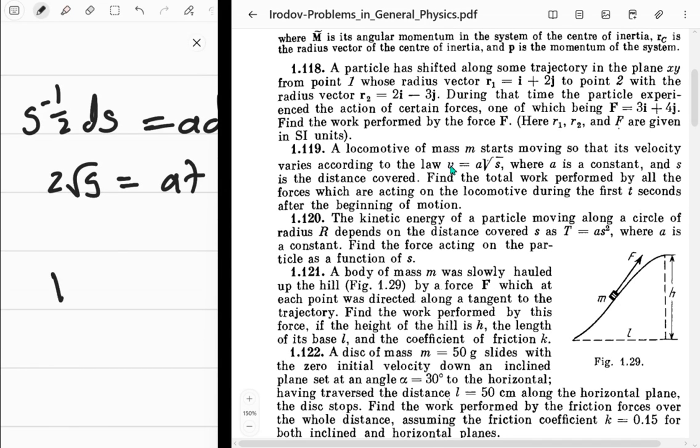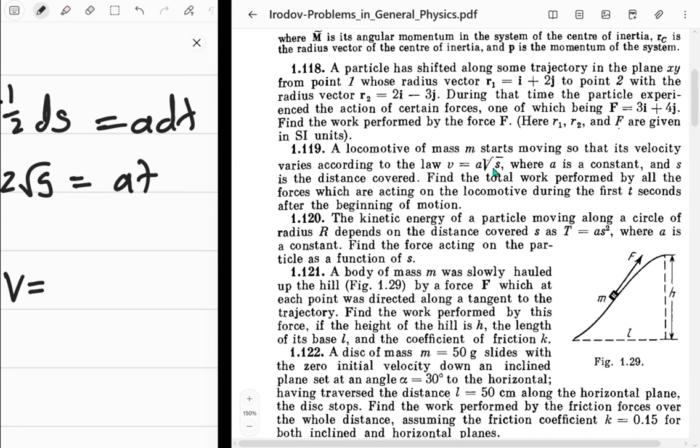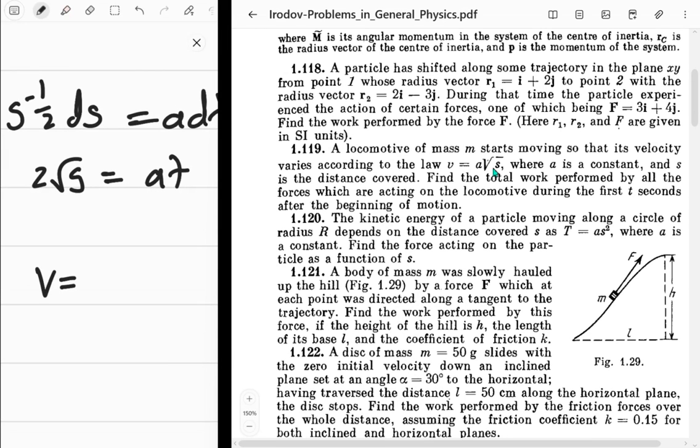Now once you know that, you can plug that in here. So v squared is equal to a squared times s. So v will be a squared s, which is a into a t upon 2, so a squared t upon 2. That should do it.